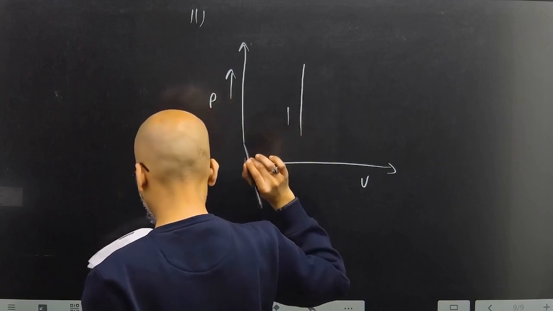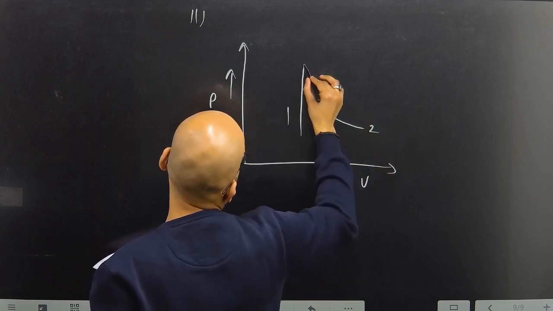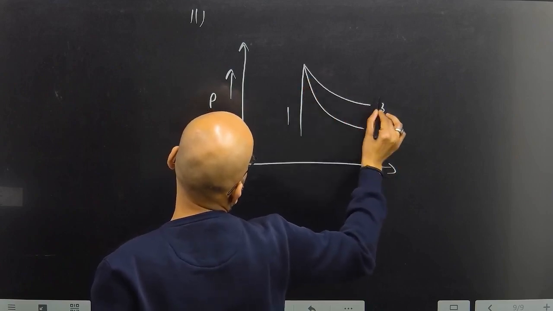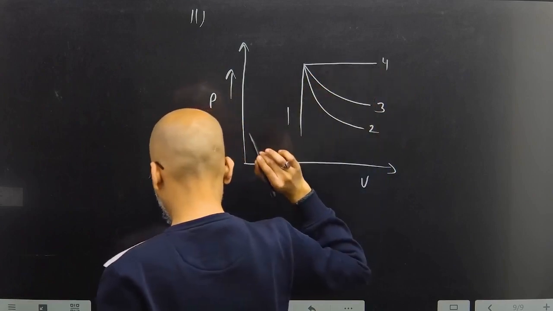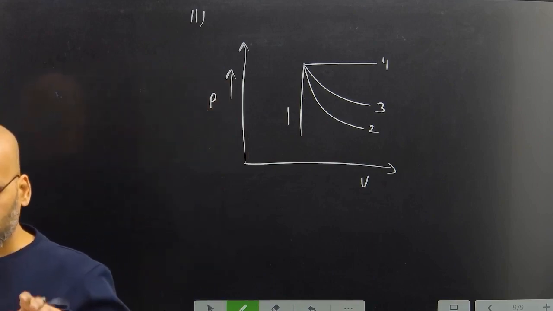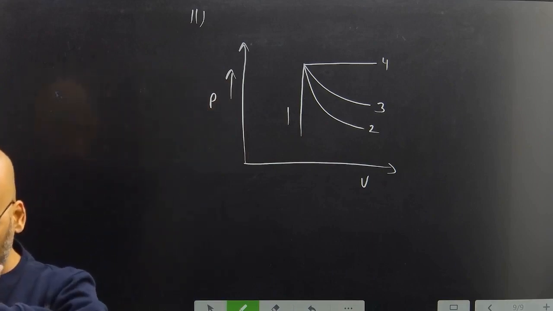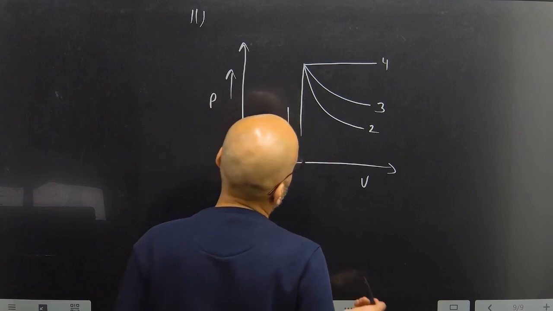This is process 1, 2, 3, 4. This is your PV curve anyway. The 4 different processes are adiabatic, isothermal, isobaric and isochoric. Pay attention, guys. Isochoric means where volume is constant.